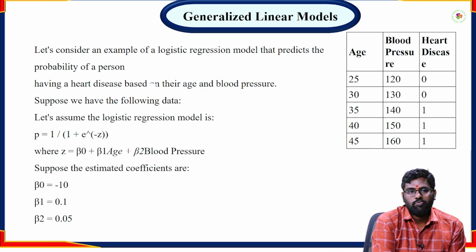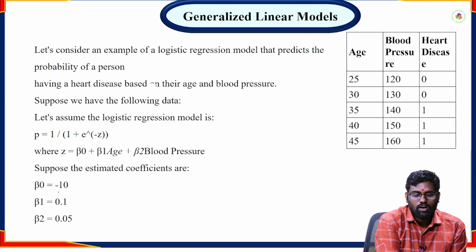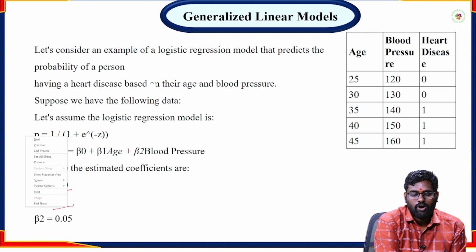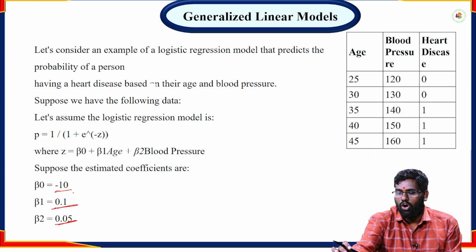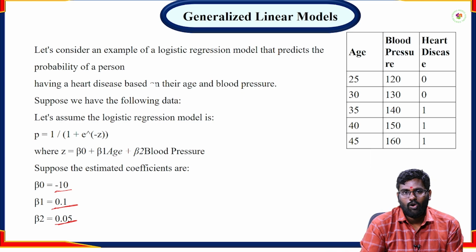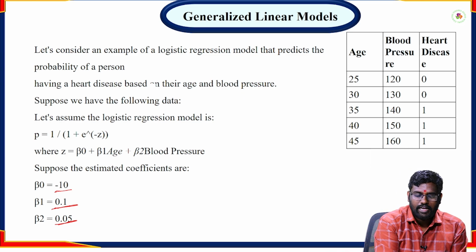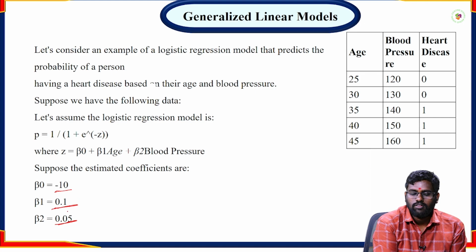Let us assume that the estimated coefficients are beta naught equal to minus 10, 0.1 and 0.05. These are all assumptions. Why are we taking these? We are just assuming them, all ending with 0. That's why I took 10 for beta naught, then 0.1, and the next one 0.05.